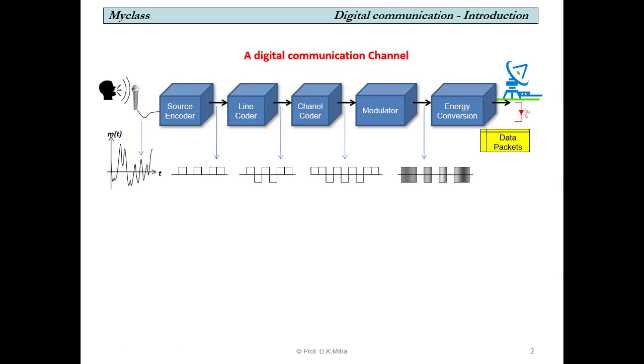After energy conversion, suppose this is microwave communication, a microwave transmitter, it is communicated maybe 100 kilometers to another receiver radar 100 kilometers away. In this path of 100 kilometers is the major noise effect.